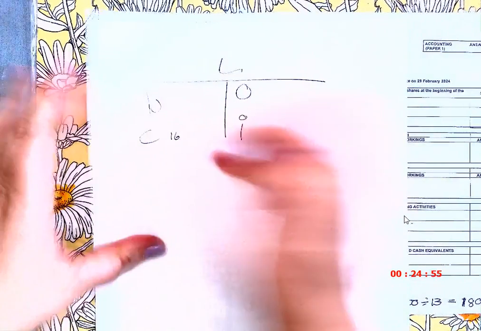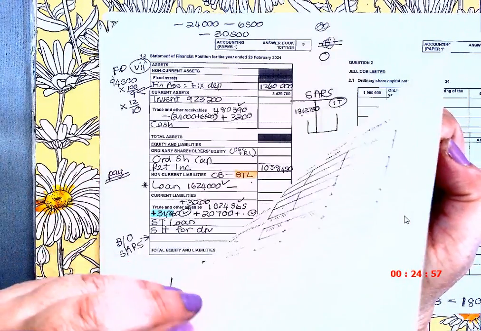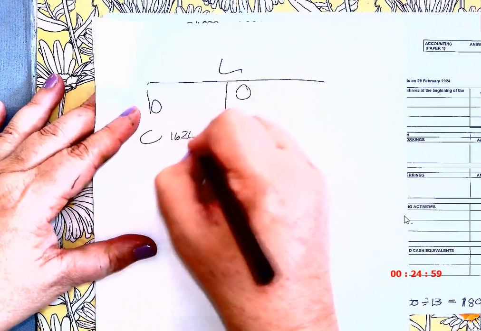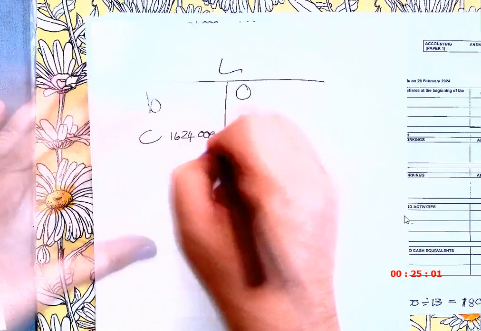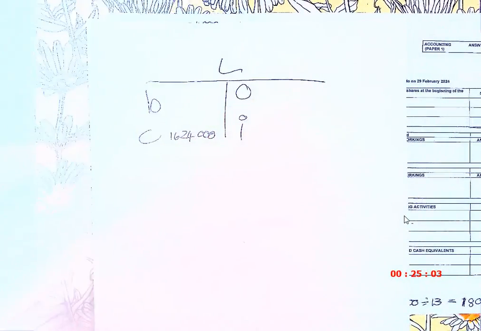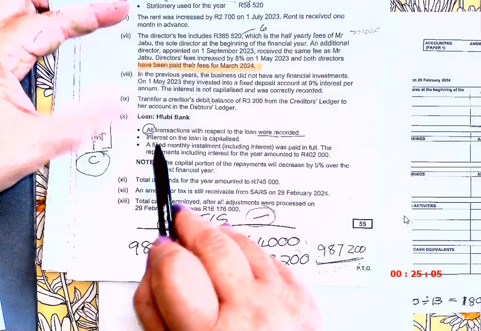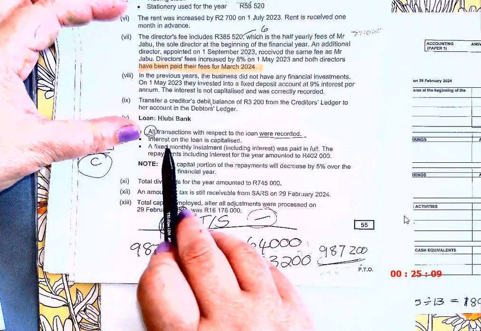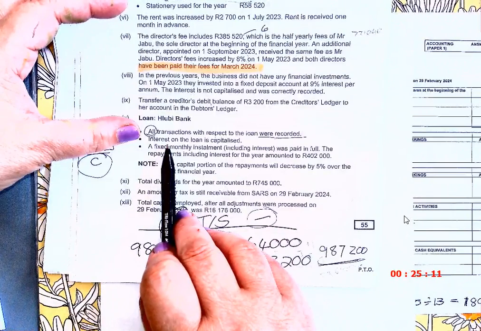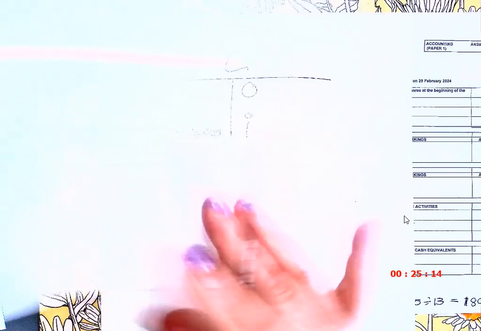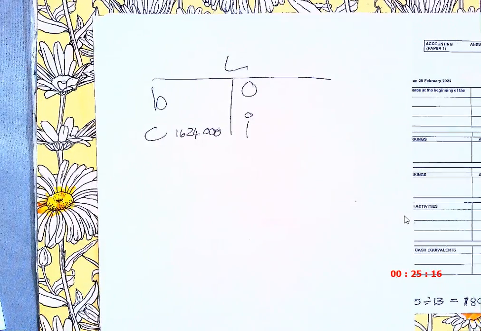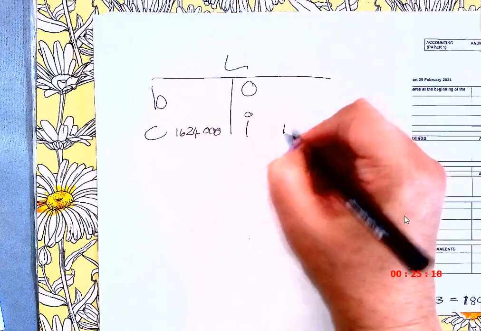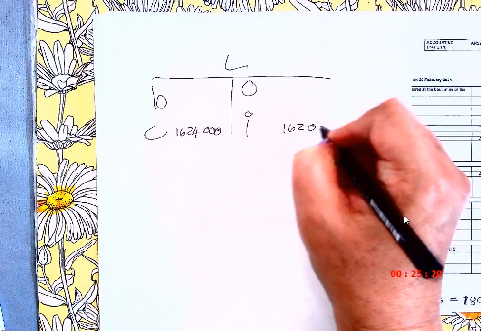They gave me the closing 1624,000. Okay. Now they say interest on loan is capitalized. In other words, they already gave that to me. Where? In the answer sheet. In the answer sheet, my interest expense is 162.